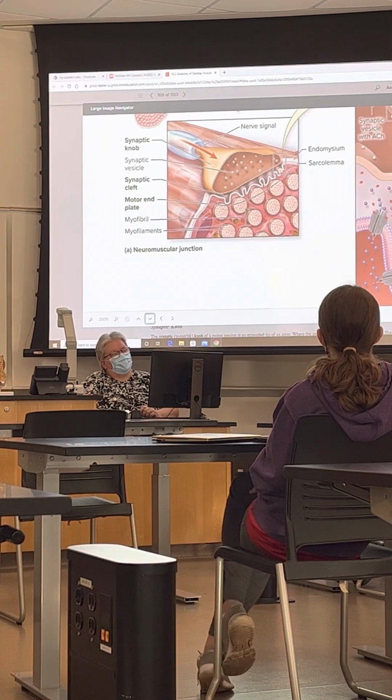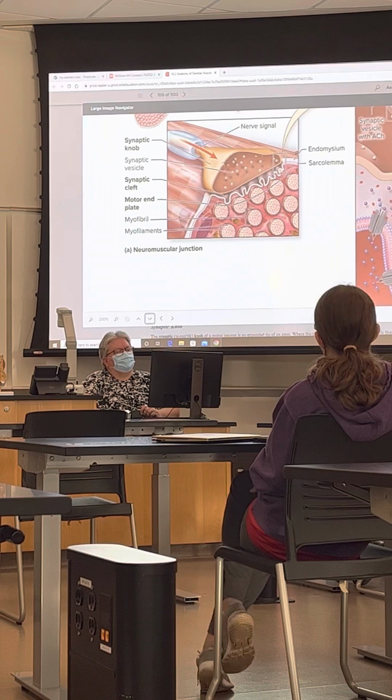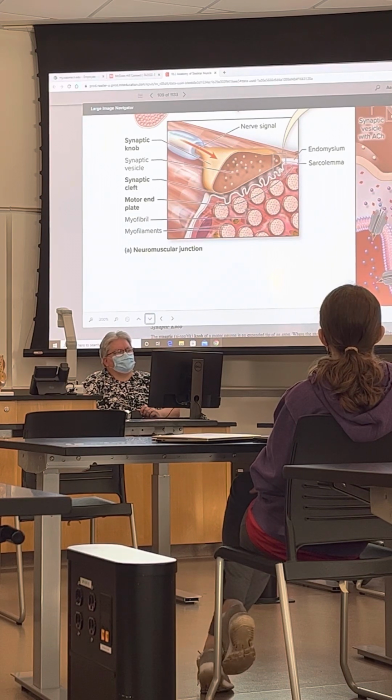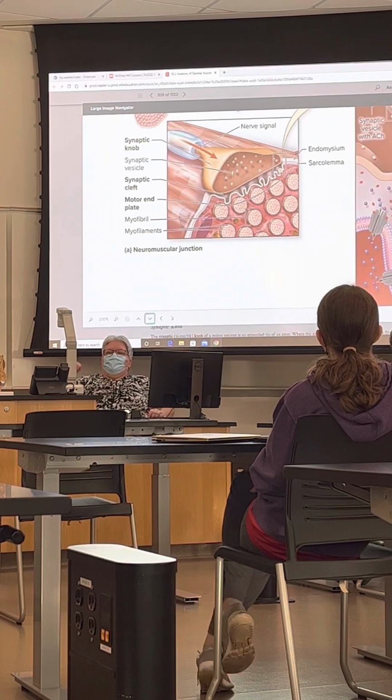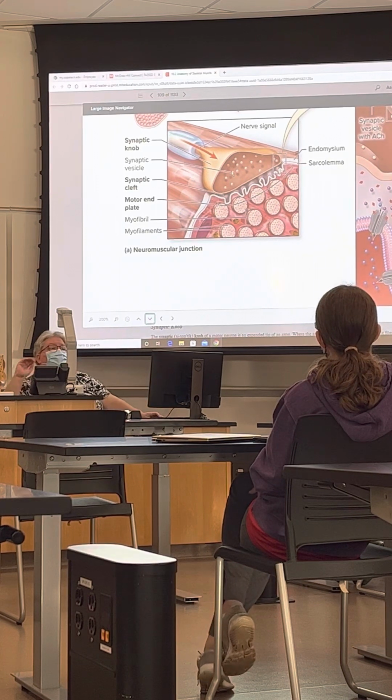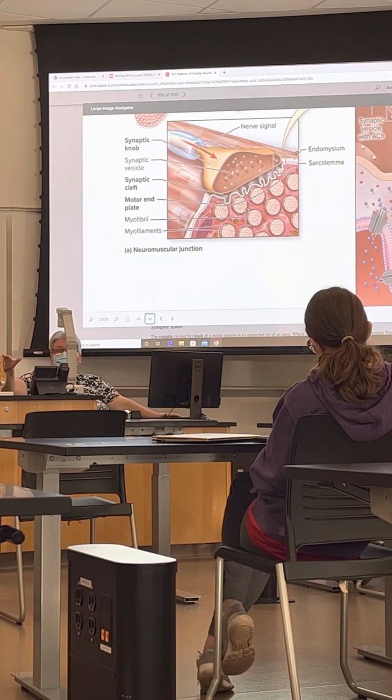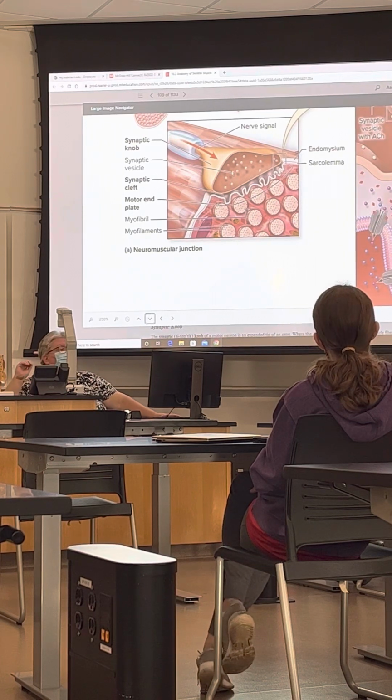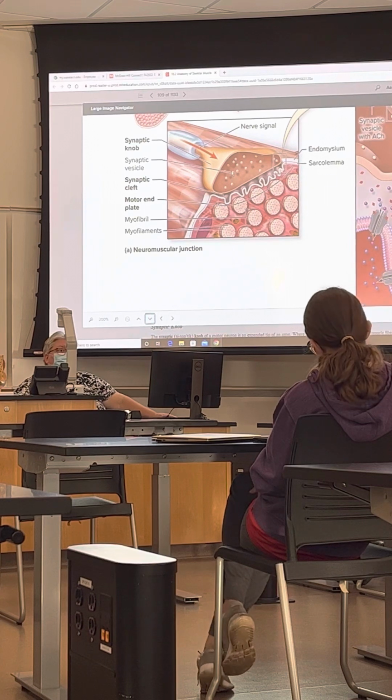We have our motor neuron, the axon of our motor neuron coming in. Motor neurons move things, just like the motors in our cars. So whenever our motor neuron is stimulated, something's going to move.